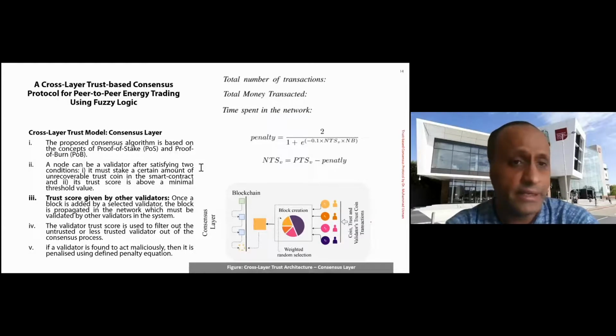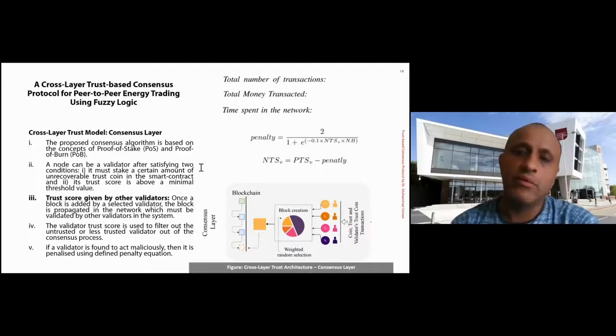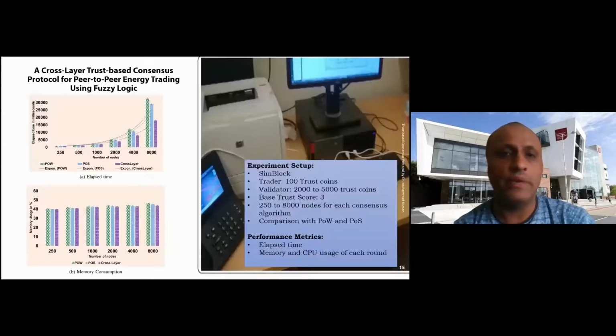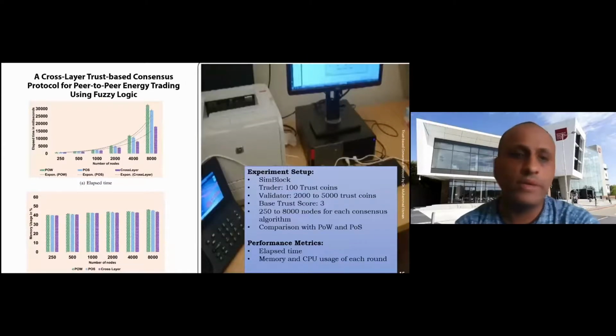So the validator trust score is used to filter out the untrusted or less trusted validator out of the consensus process. So if a validator is found to act maliciously, then it is penalized using defined penalty equation, which we have defined here. So these are some of the core building blocks of our proposal.